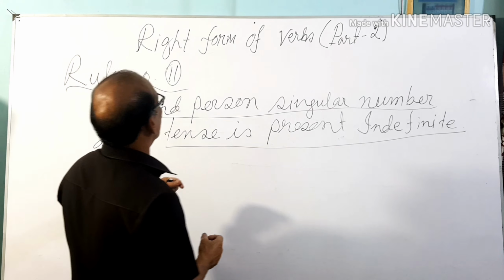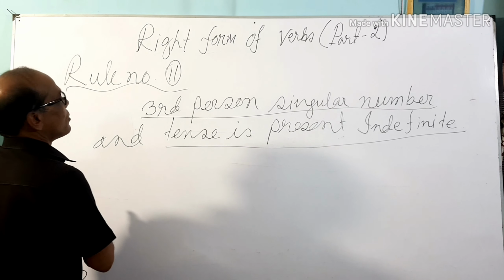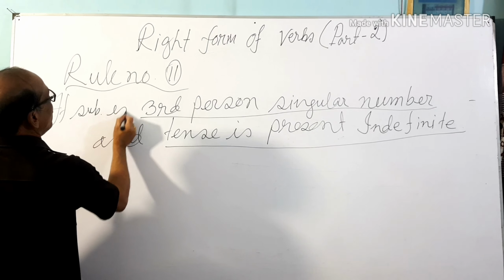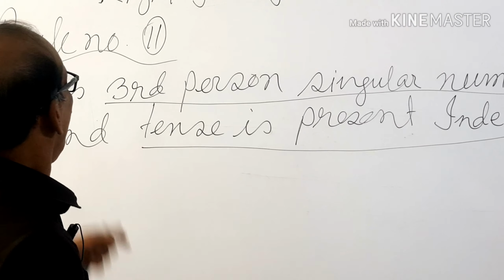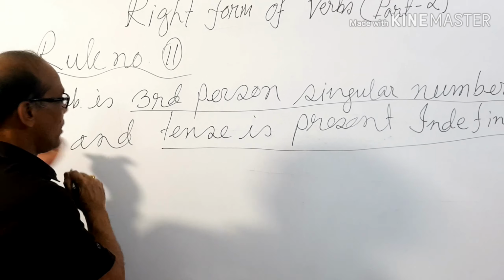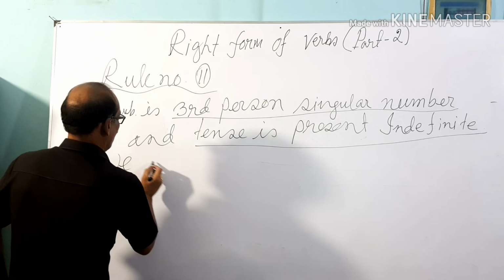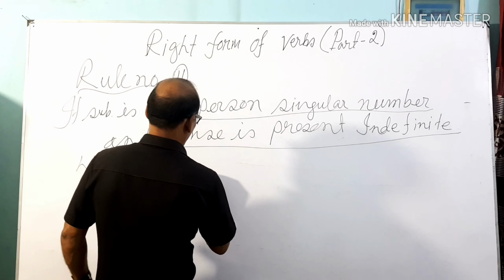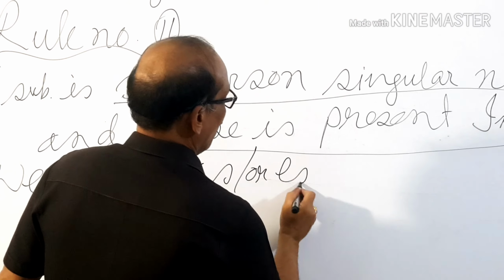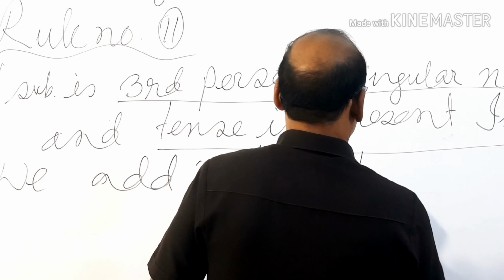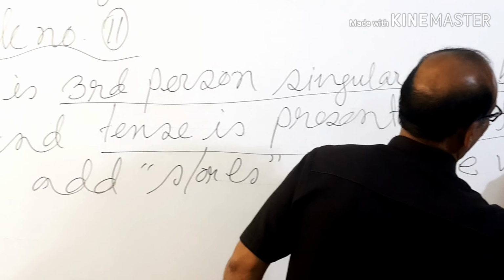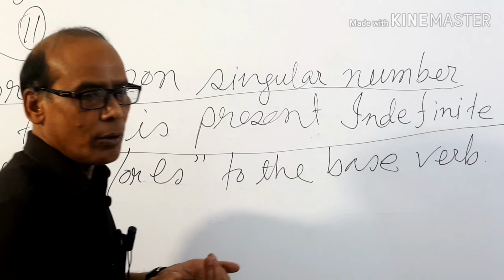If the subject is third person singular number and tense is present indefinite, we add s or es to the base verb or present form of the verb.